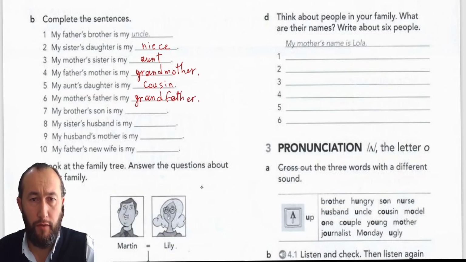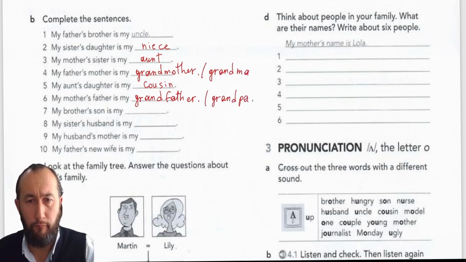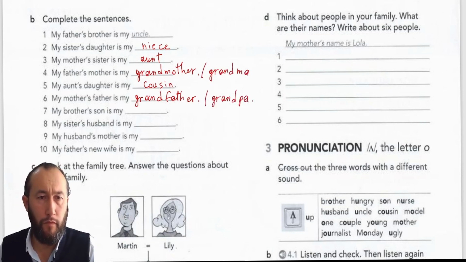Grandmother, we can also say grandma. Or grandfather, we can say grandpa. That's also fine. So maybe I can write for you. Grandma. And this is grandpa. Now my brother's son is my nephew.